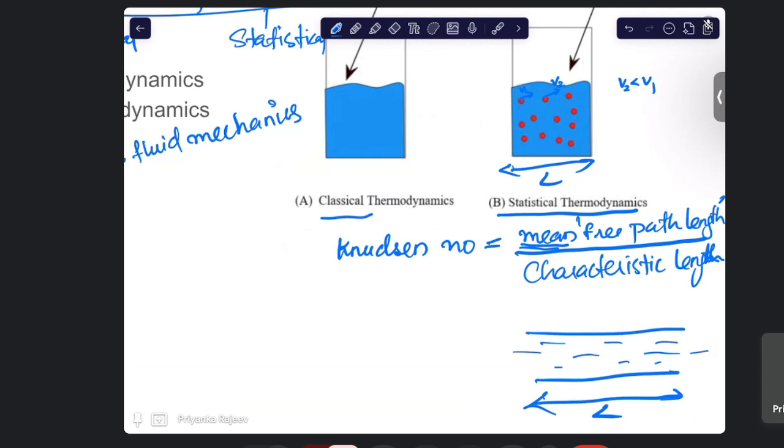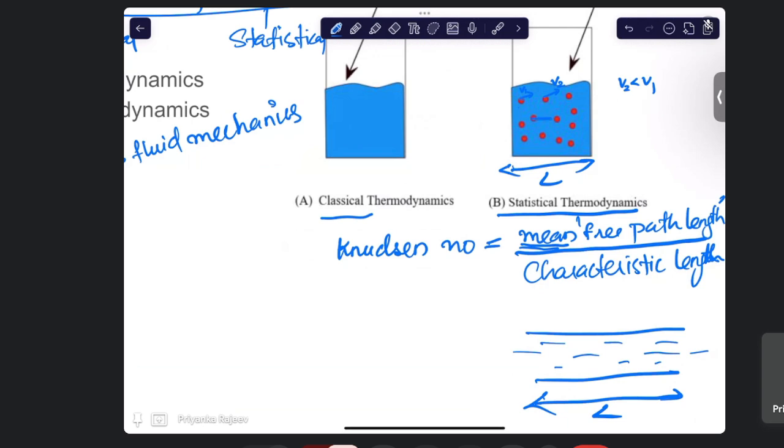That is given by the mean free path length. The mean free path length is the average distance traveled by each molecule before colliding with another particle or wall. That is denoted by lambda.